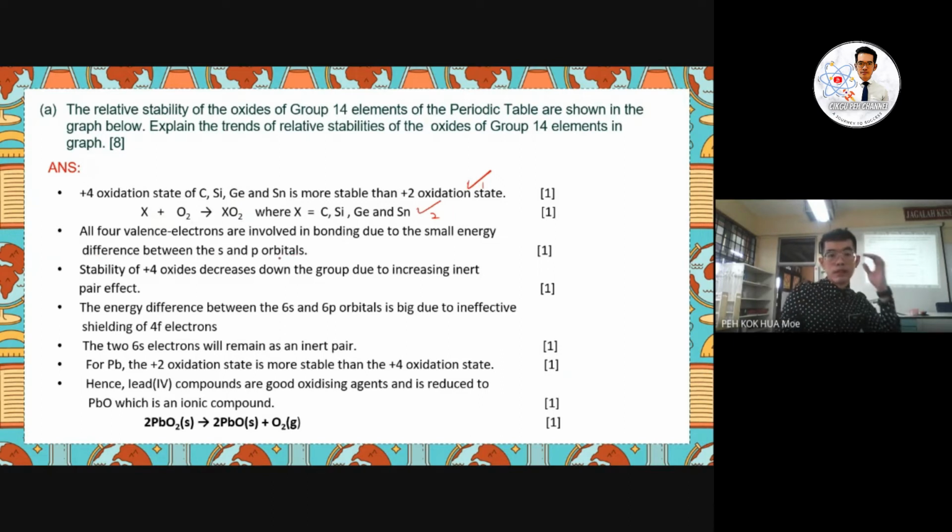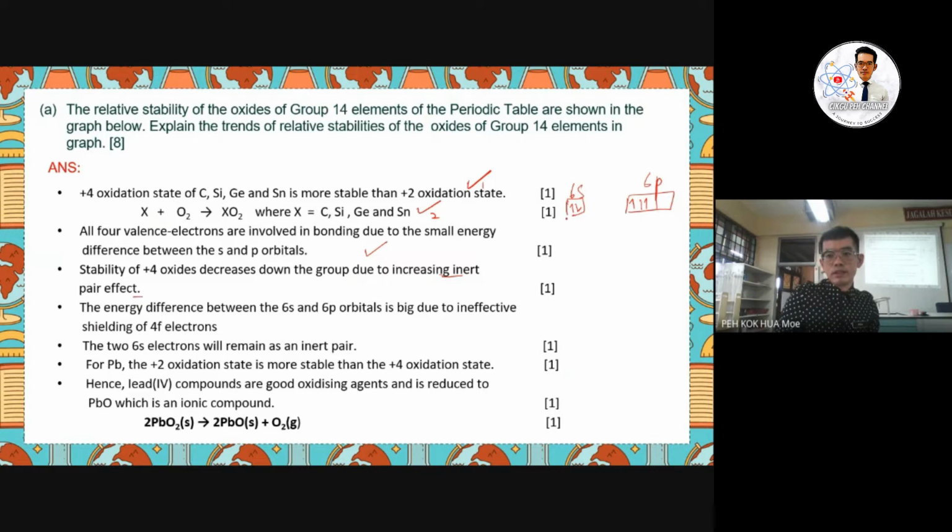For lead, the 4f orbital is between the 6s and 6p orbitals, right? So that means the gap between the 6s orbital and the 6p orbital will be bigger. So you have to discuss this. Then the stability of the +4 oxidation state decreases down the group due to the inner pair effect.